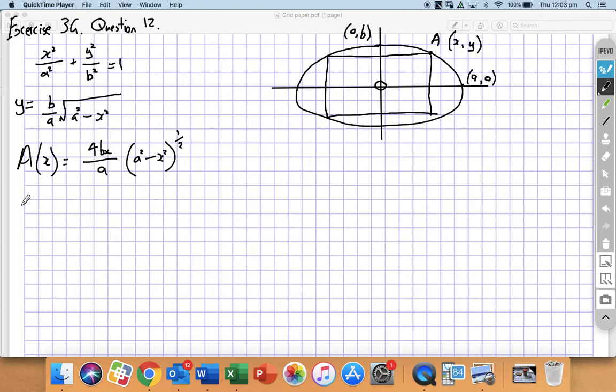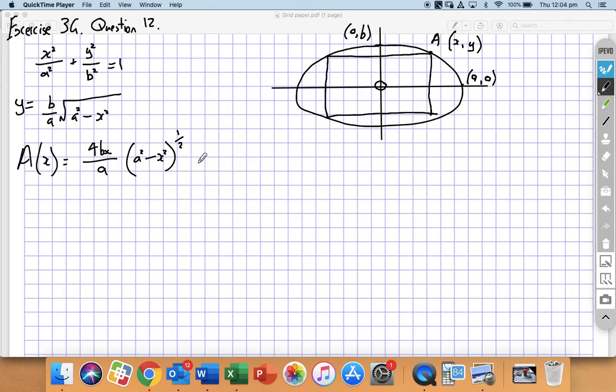So like so many of the questions we do, we need to find a derivative and then we need to set it equal to 0. And what's going to happen, apparently, is we're going to find that x will equal a on square root 2. All right. So how am I going to find the derivative of this function?